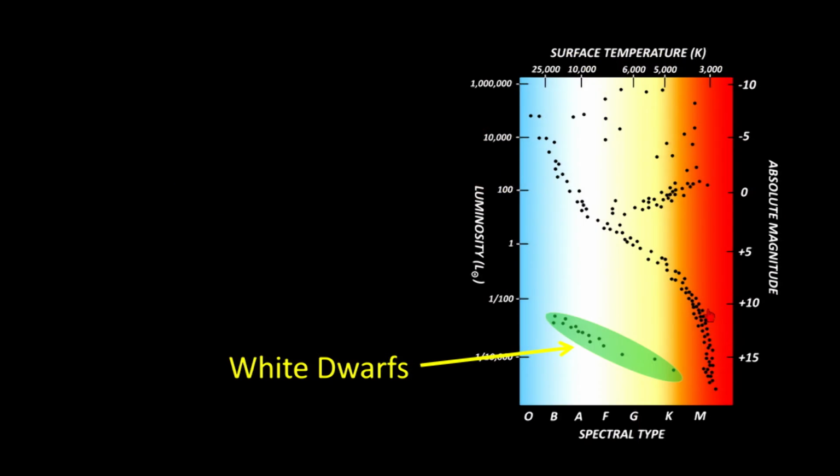If we go back to the Hertzsprung-Russell diagram, this is again a diagram we've seen in some of our previous videos. The Hertzsprung-Russell diagram, or the HR diagram, remember, links together all of the physical features of stars in a way that pulls them all together, and each one of the dots on this is representative of a star. And if you remember from a previous video, I mentioned that all of the stars down here in this one group were stars that were dead, or in air quotes, dead.